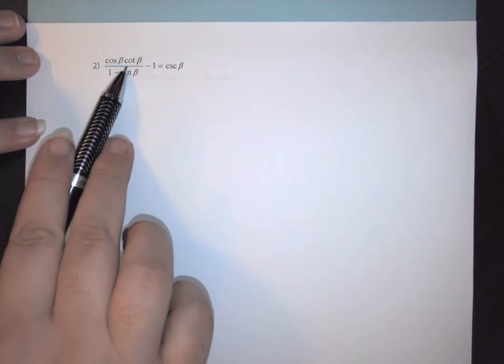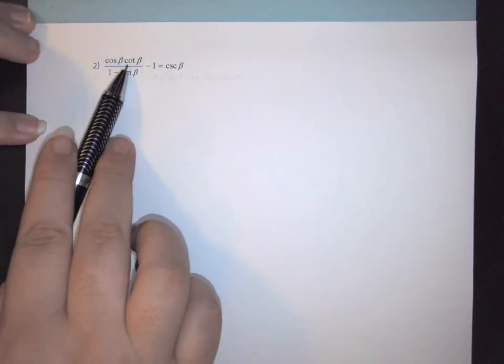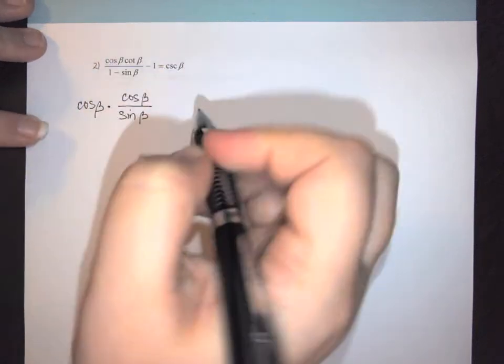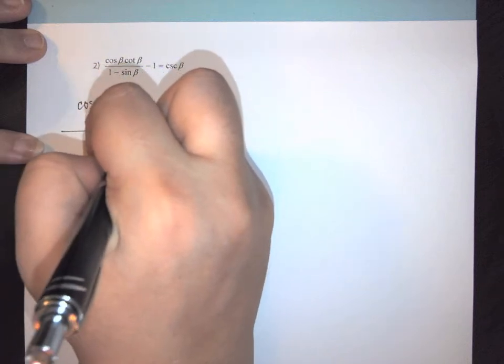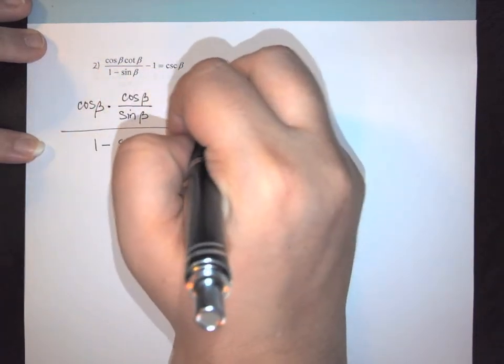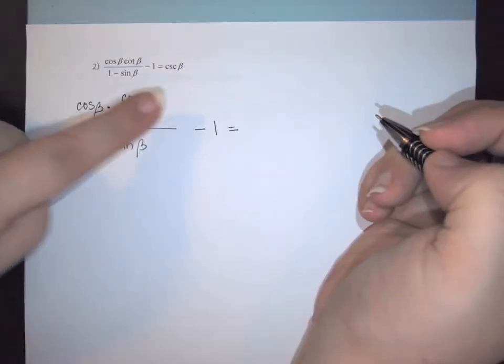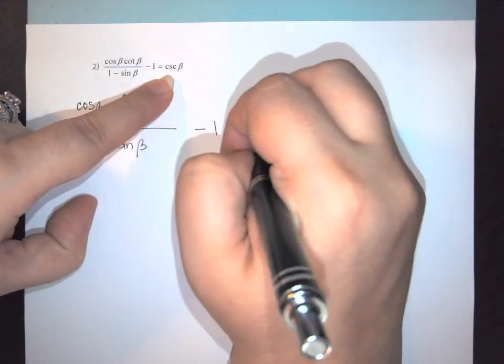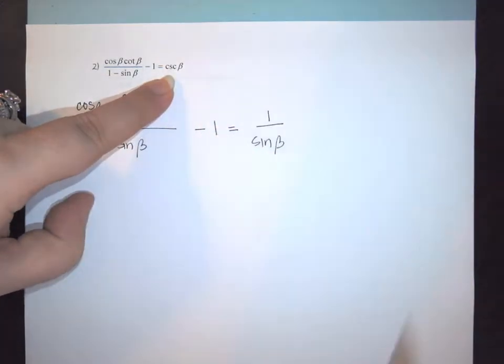Cotangent is the same as cosine over sine, so this becomes the cosine of beta times the cosine of beta over the sine of beta. This whole thing is over 1 minus the sine of beta, and I'm subtracting 1. Then again I have a cosecant, which we know to be 1 over the sine of beta.